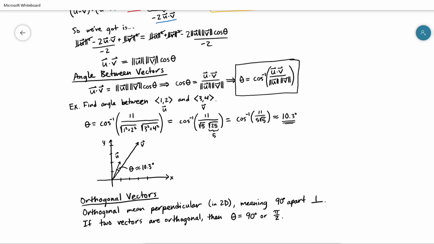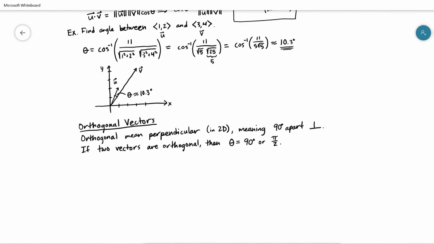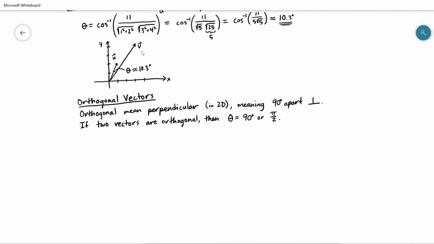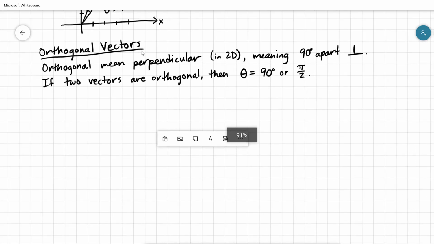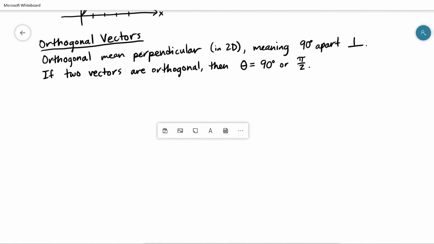And so regardless of what the magnitudes of u and v are individually, if I take the dot product of two vectors that are perpendicular, this angle will be pi over 2, and the cosine of pi over 2 will be 0. The whole result will wind up being 0. So if two vectors are orthogonal, then that angle theta is 90 degrees or pi over 2, and the cosine of that theta will be equal to 0.